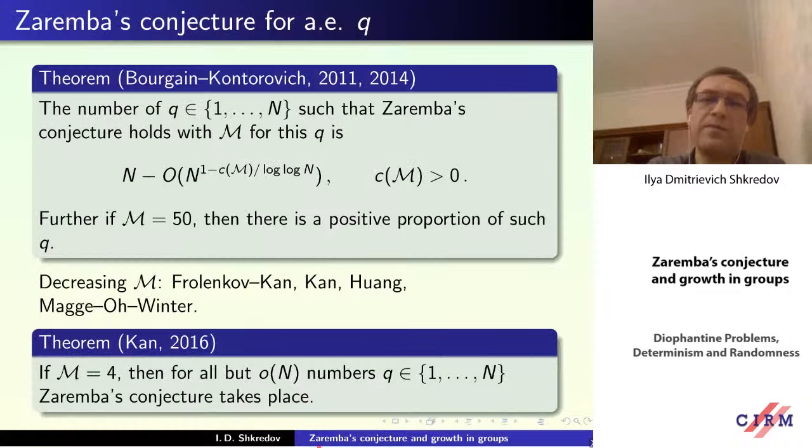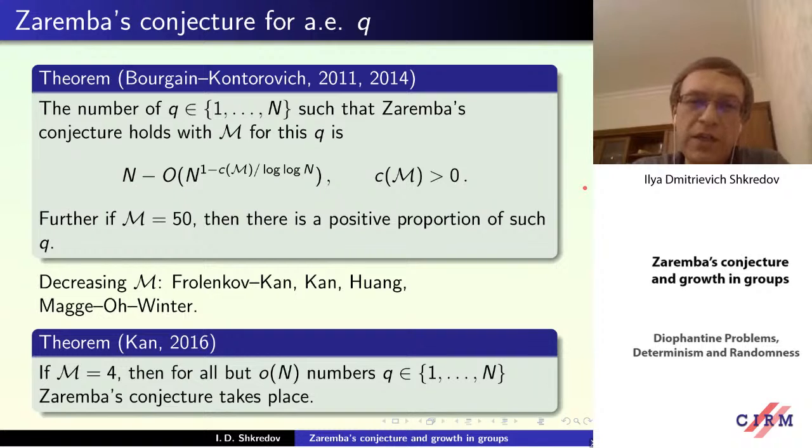Rather recently, there was huge progress on the Zaremba conjecture by Bourgain and Kontorovich, who proved that the Zaremba conjecture is true for almost all Q. So they considered Q from the segment from 1 to N, and asked, is it true that for this Q, the Zaremba conjecture holds with some constant M?